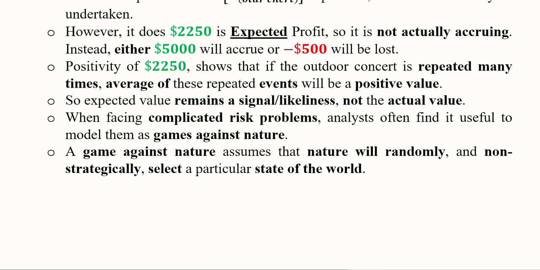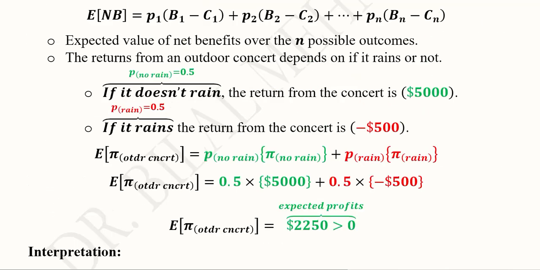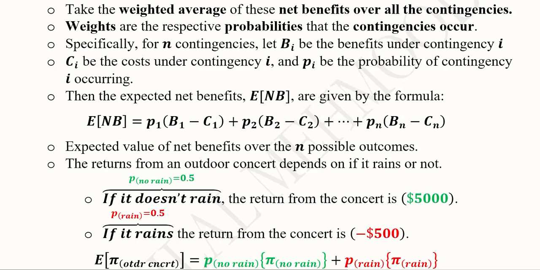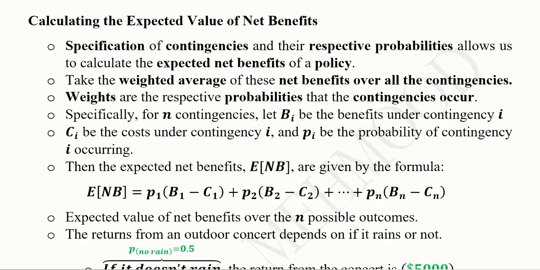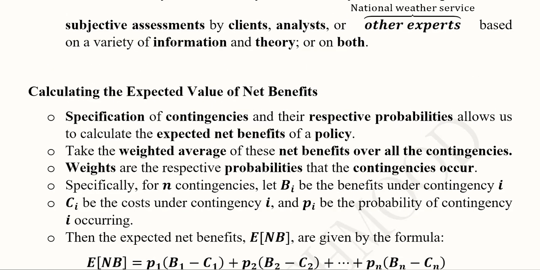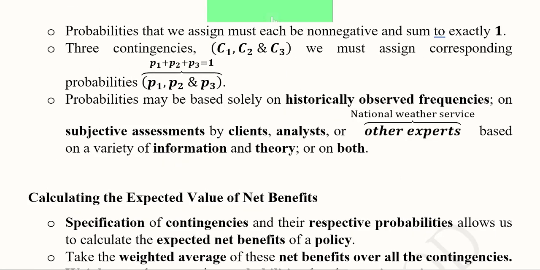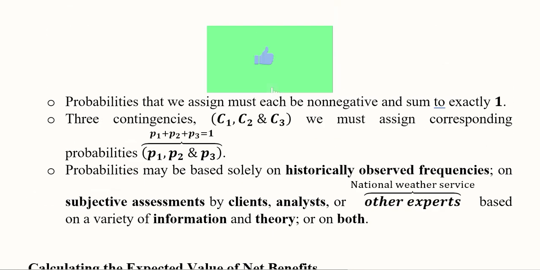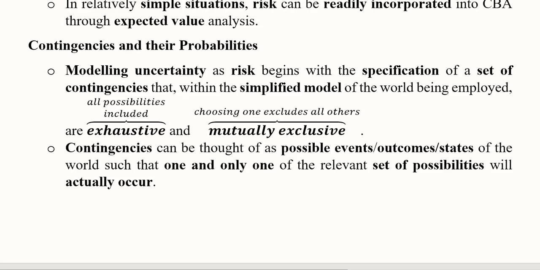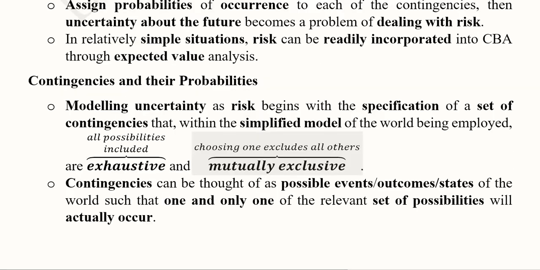And this was an example that we did to understand this concept of expected value. This is a general formula, and this is basically built to calculate the expected value, and these are the desirable properties of contingencies and probabilities, that they should be exhaustive and they should also be mutually exclusive.